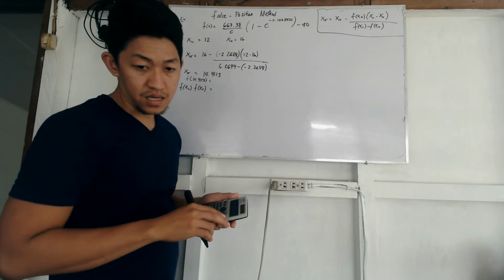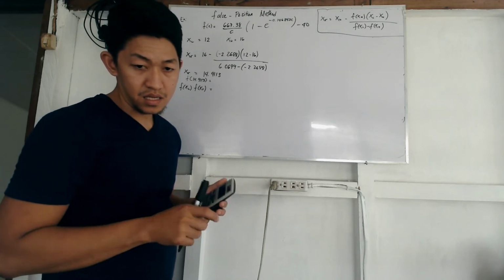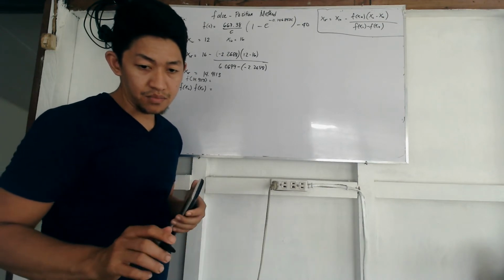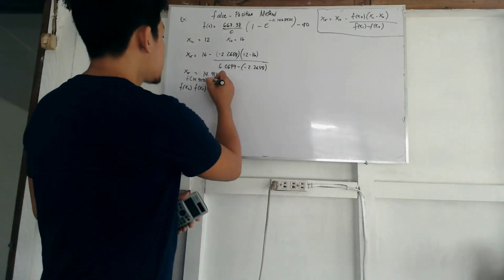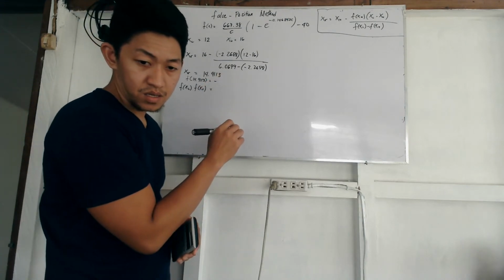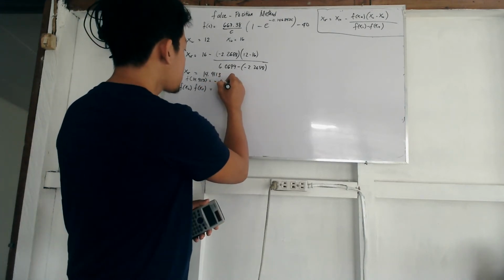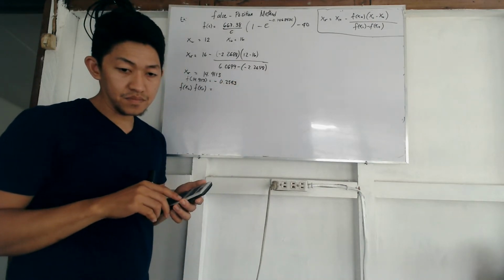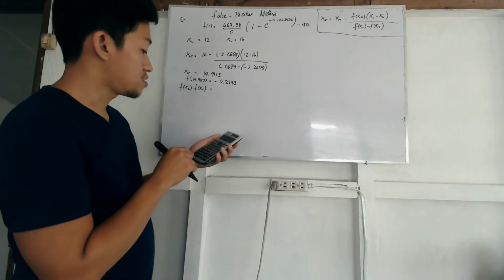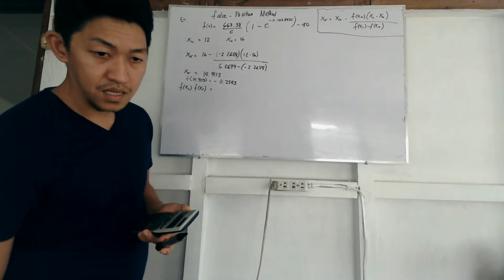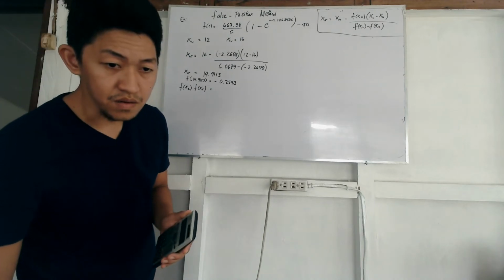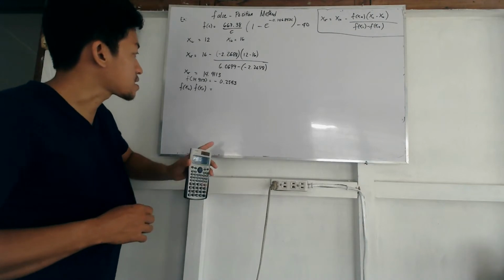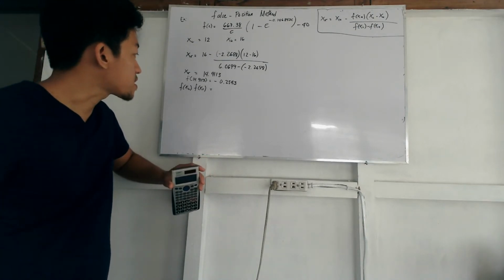What is it? f of 14.9113 is negative 0.2543.